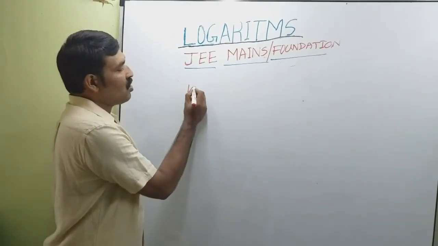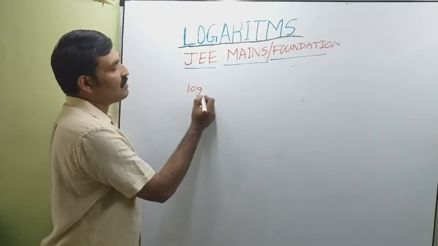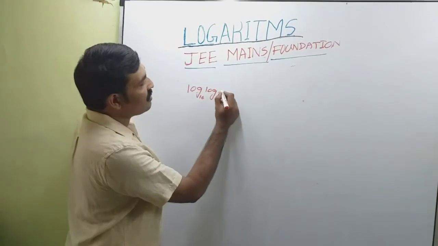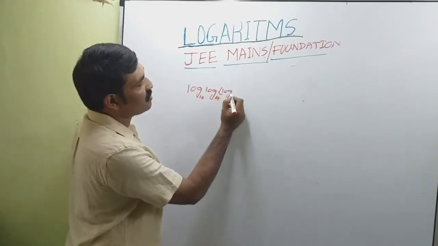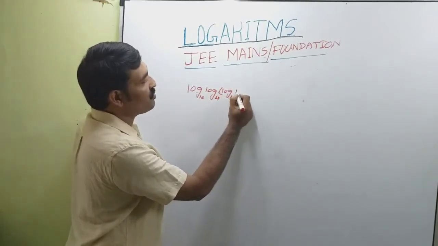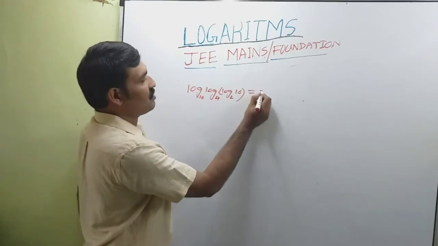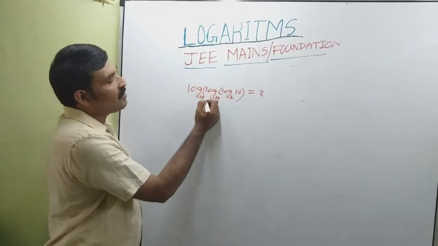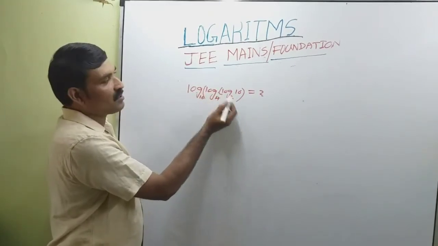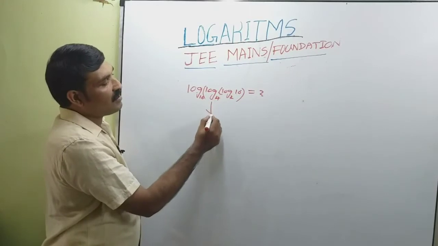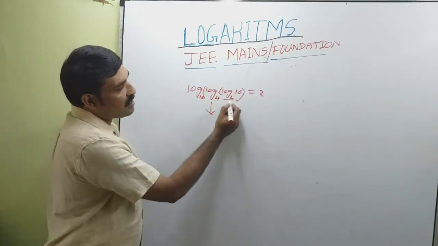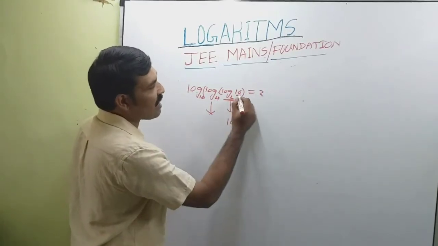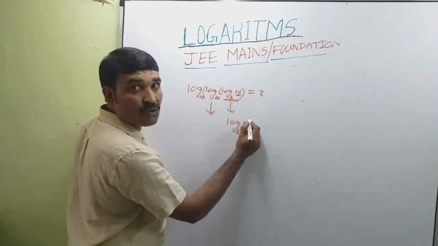Now, log base 16 of log base 4 of log base 2 of 16 is equal to what? Here log base 16 is outside, and log base 4 is inside. We can write 16 as 2 raised to 4.